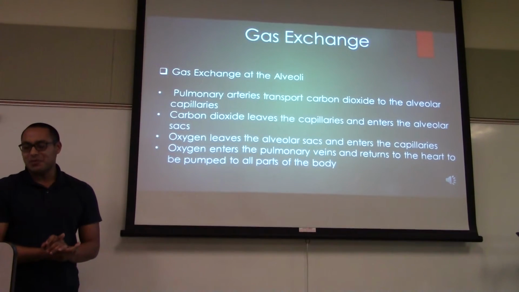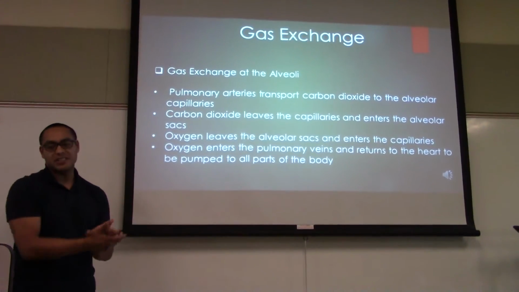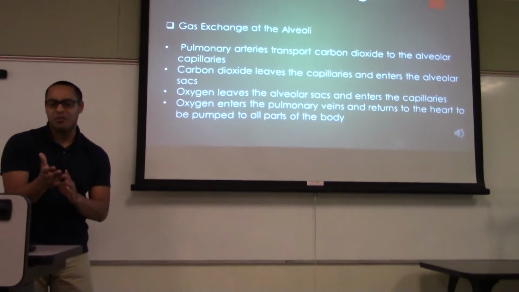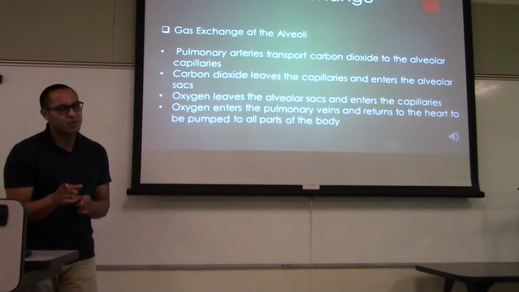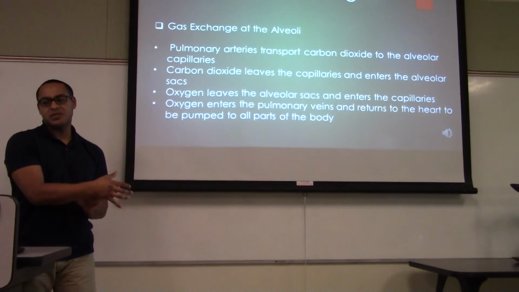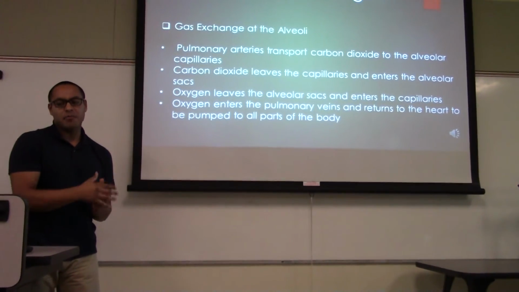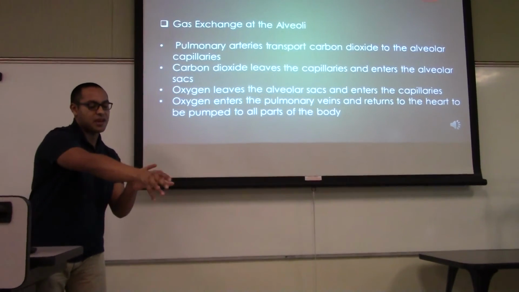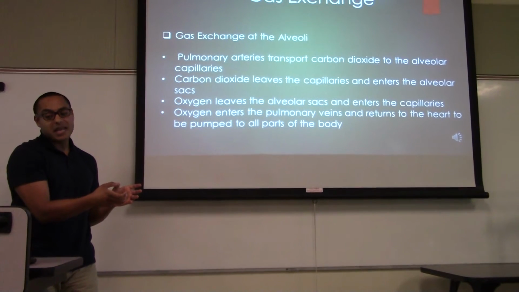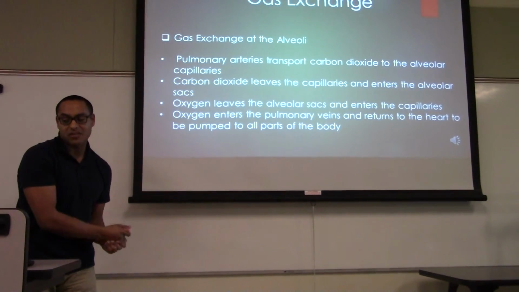The pulmonary arteries, the red ones, transport carbon dioxide, which is kind of weird, right? A red artery brings us CO2. So the pulmonary artery transports CO2 to the alveoli capillaries. The carbon dioxide leaves that capillary into the alveolar sac.